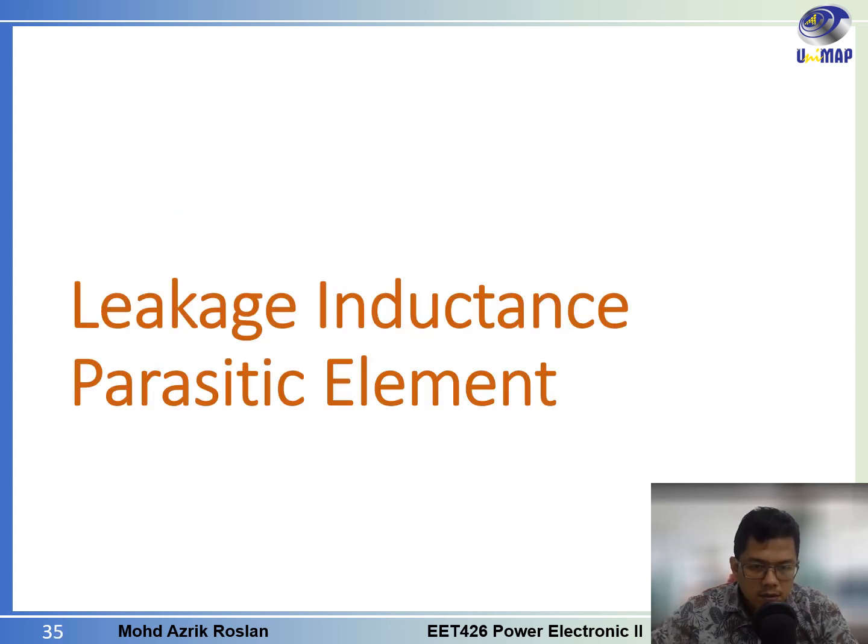In this part we will look at the leakage inductance parasitic element. We will learn how this leakage inductance can occur in this forward converter circuit, and then we will look at how it affects the performance of the converter.